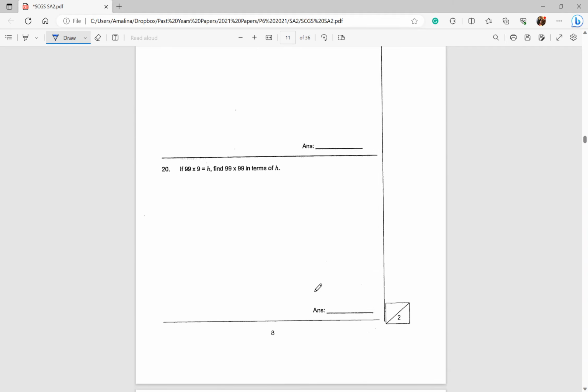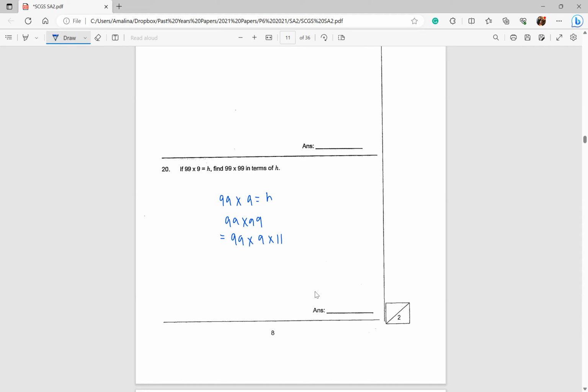So question 20: if 99 times 9 equals H, find 99 times 99 in terms of H. Okay, so 99 you times by 9 equals H. If you have 99 times your 99, now if I break this, it is 99 times my 9 times my 11. What am I trying to do over here?